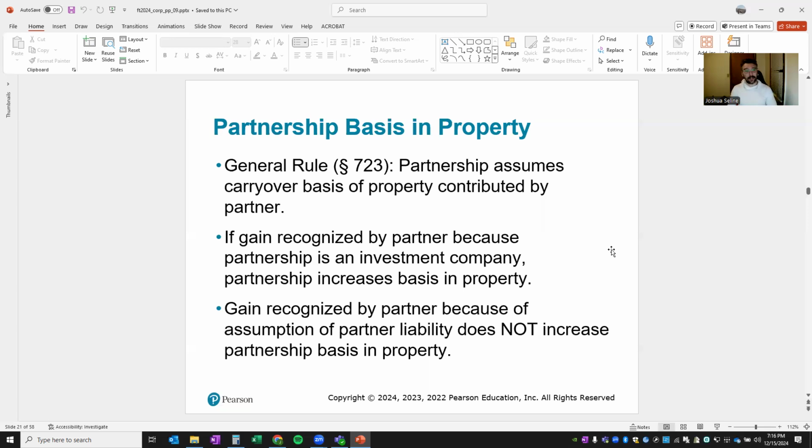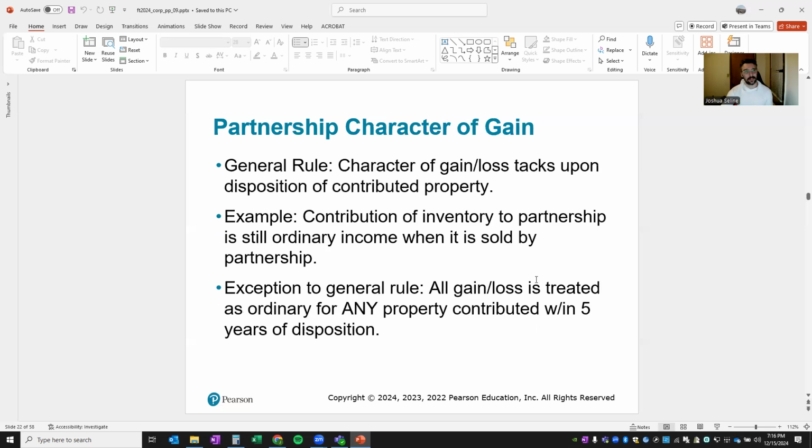Gain recognized by the partner because of assumption of partner liability does not increase the partnership's basis of property. It would increase the partner's basis, but not the partnership's basis. And this is where partnerships start to get confusing. It's the inside versus outside basis.